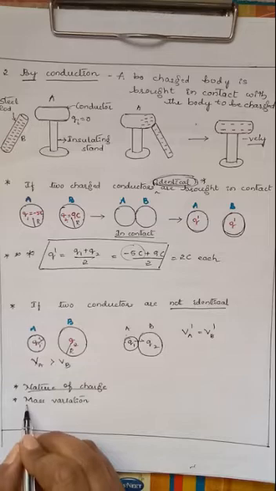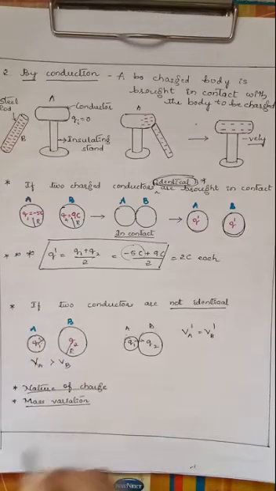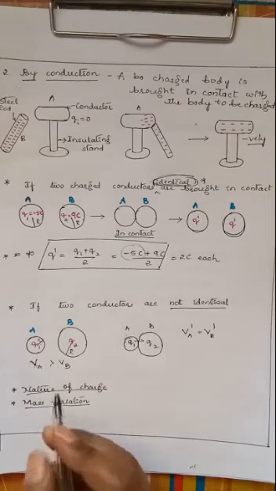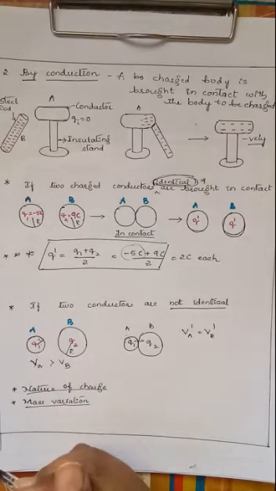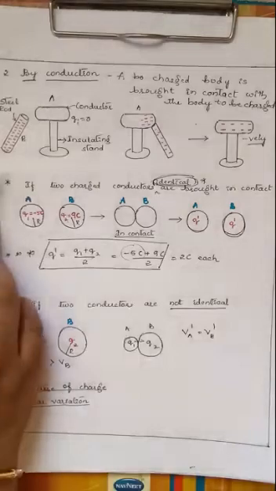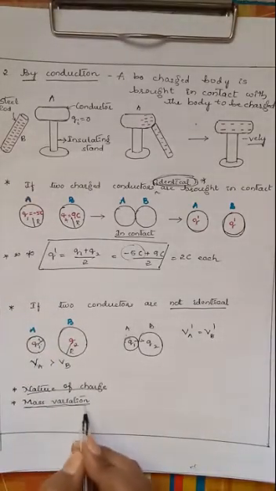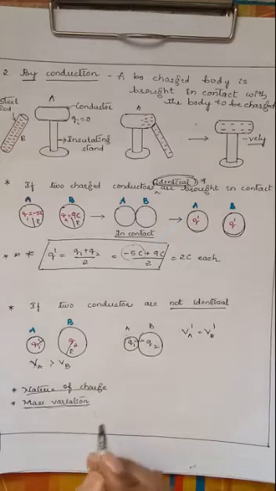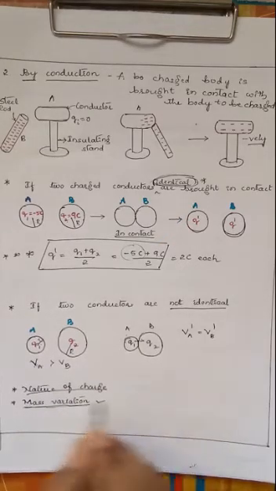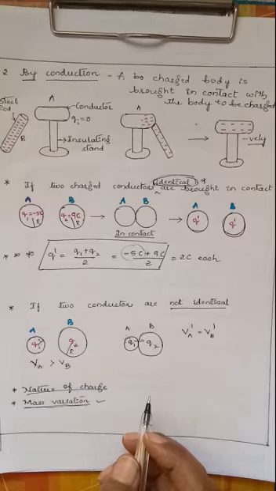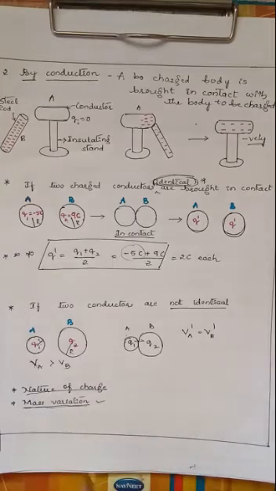The body which loses charge will lose its mass, and the body which is getting charged will gain mass, depending on which is positively charged and which is negatively charged, but certainly there will be a variation in the mass of both bodies. Hope everyone is clear with the conduction method. Thank you.